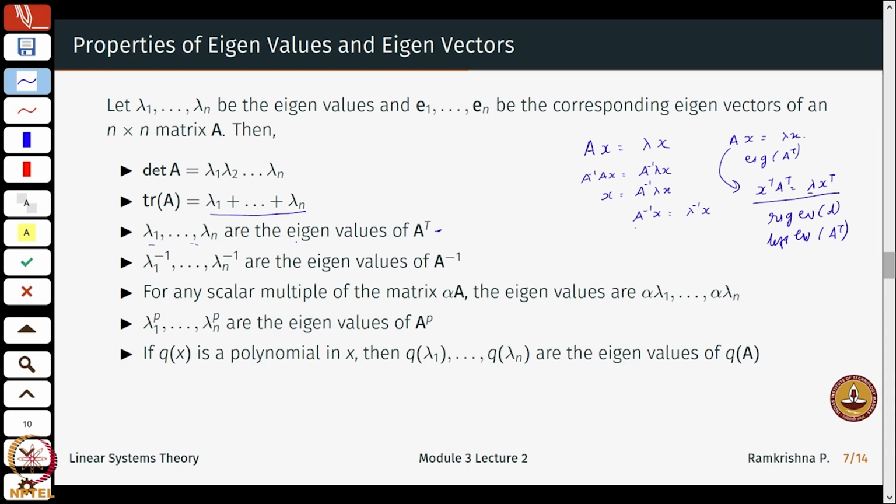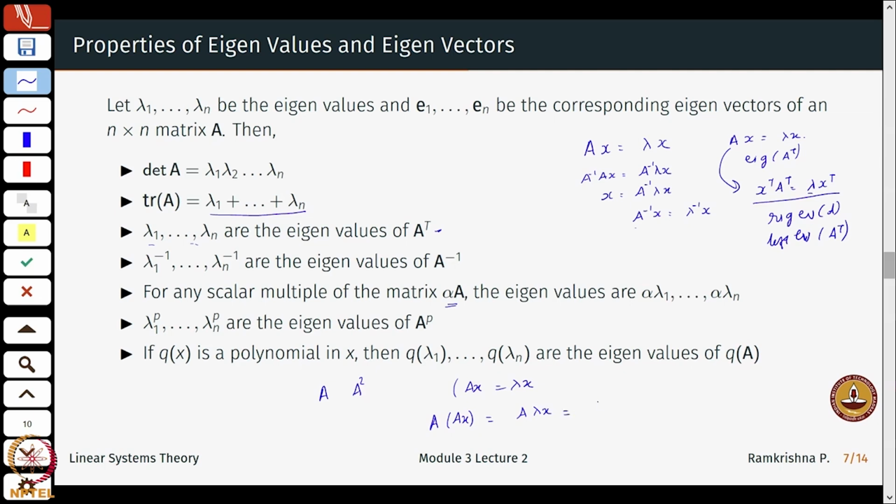If I take a matrix A and multiply it by lambda, the eigenvalues will be scaled up by lambda. I will not do the proof of this. Similarly, given a matrix A, what are the eigenvalues of A square? Let us start with A. Again I have A x is lambda x. If I do A of Ax, what is this? This is A of lambda x.